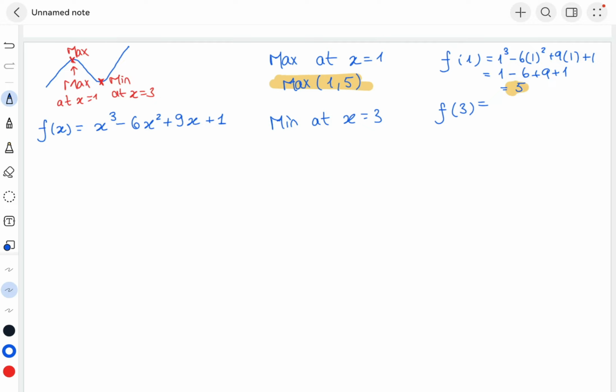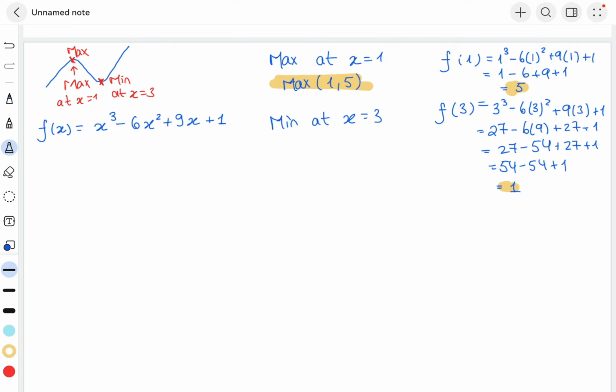Now for our minimum, we replace 3. So we'll have 3 cubed minus 6 into 3 squared plus 9 into 3 plus 1. 3 cubed is 27, minus 6 into 9, plus 27, plus 1, which means we'll have 27 minus 54 plus 27 plus 1. 27 and 27 will give us 54, minus 54 plus 1, which means our minimum will be 1.